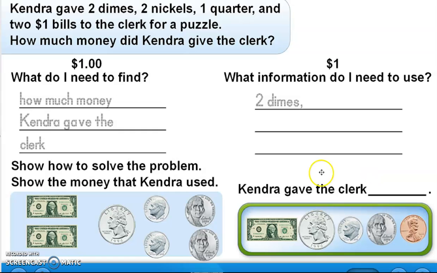So the answer that Kendra gave the clerk is $2.55. Okay, and remember, that's how you would write it. So you would write a dollar sign, the dollars first, then the decimal point, and then the coins or the cents. Okay?